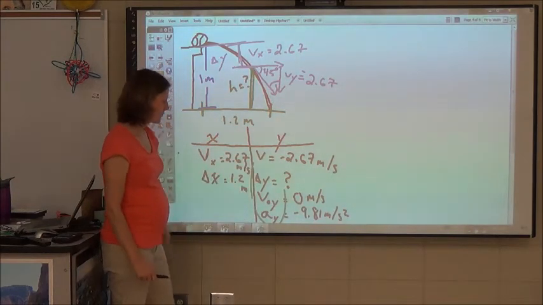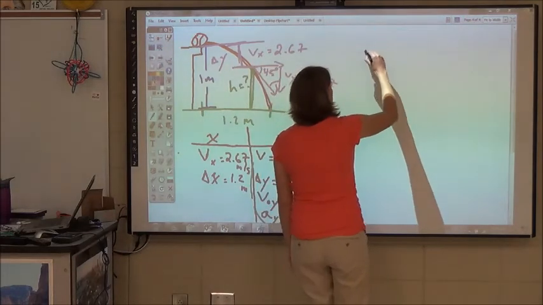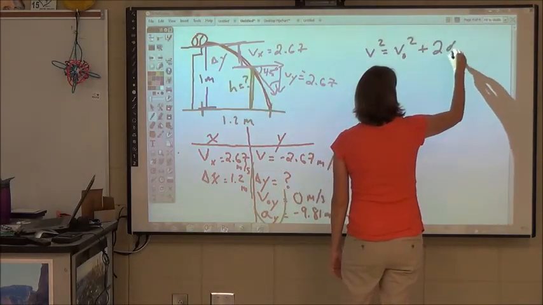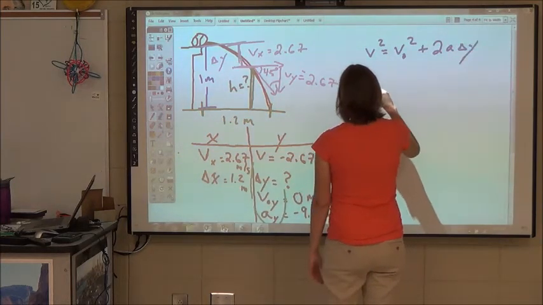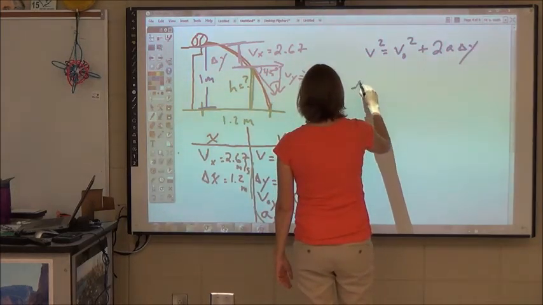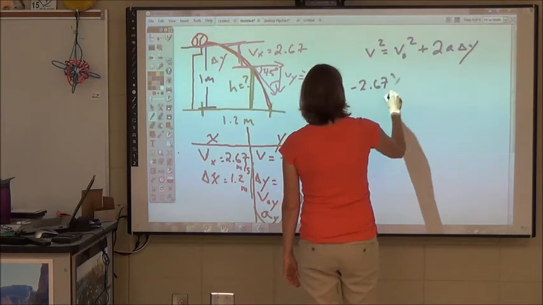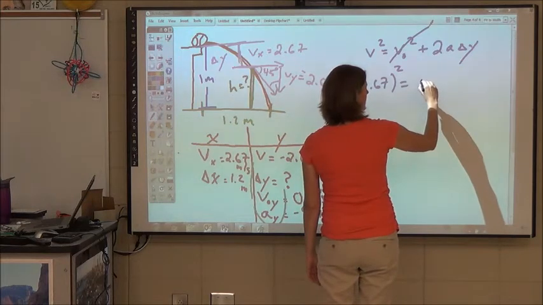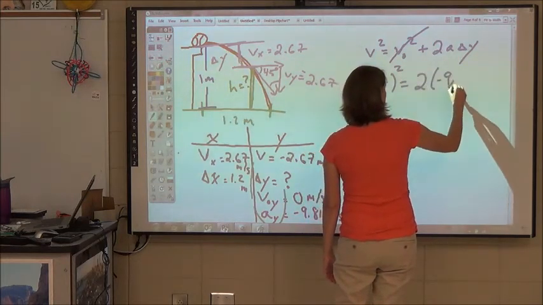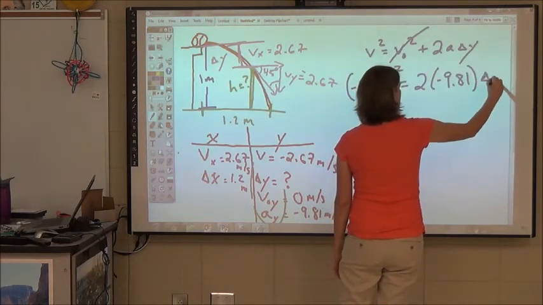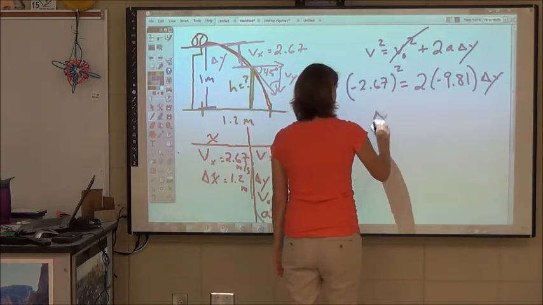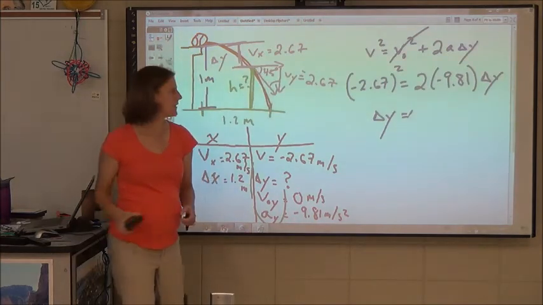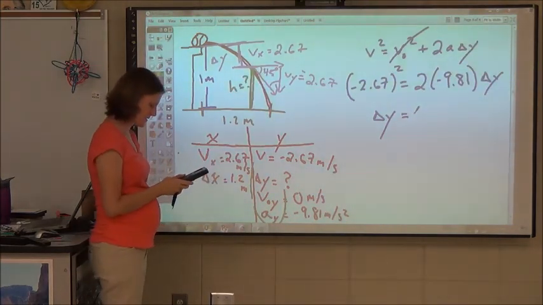So this is going to be my squared equation. Of course, that goes away. All right, solve for delta y.